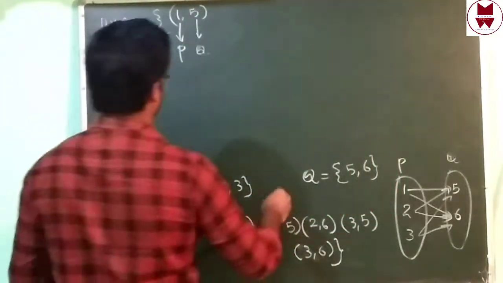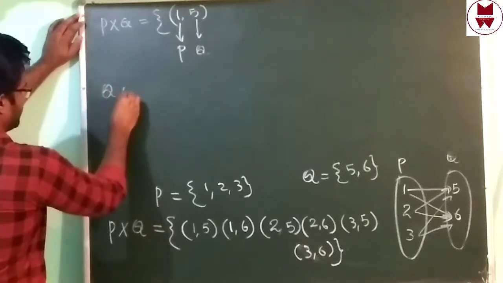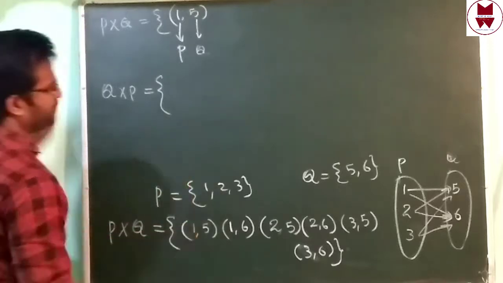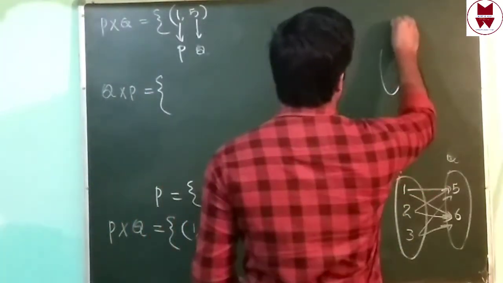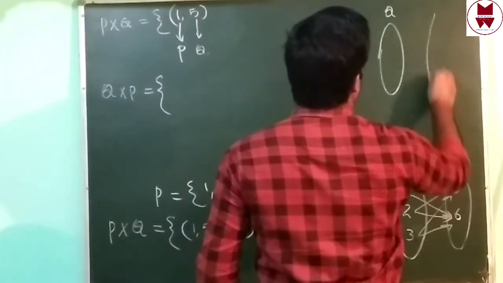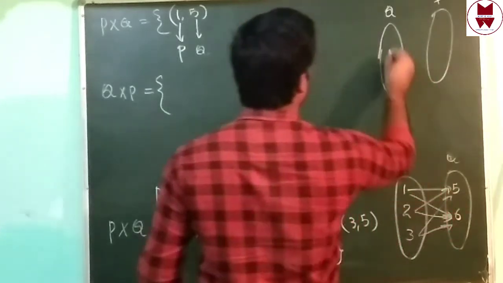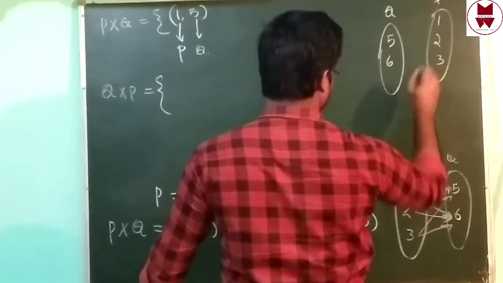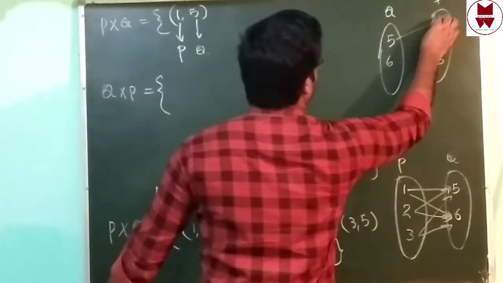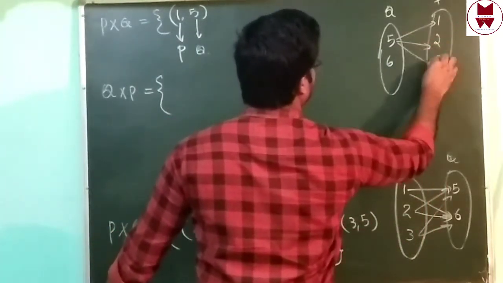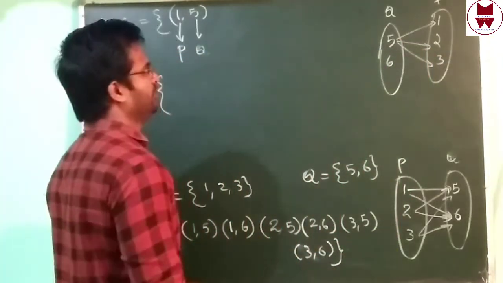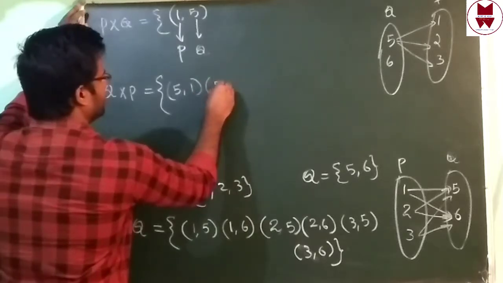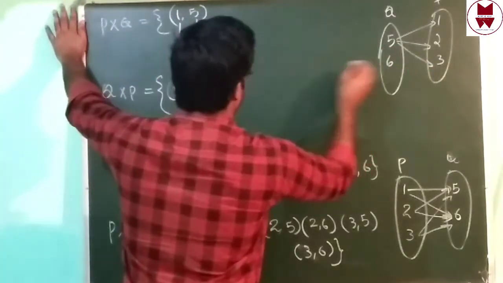Then one more thing, we can write Q cross P. If you write Q cross P, what will happen? This is Q, next set is P, in Q 5, 6, in P 1, 2, 3. Then make it: first from 5 we can write (5, 1), then (5, 2), then (5, 3).